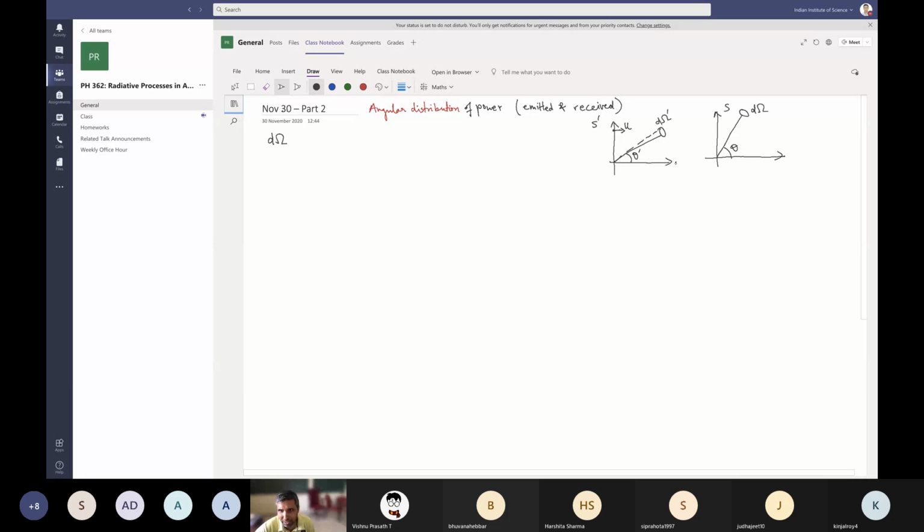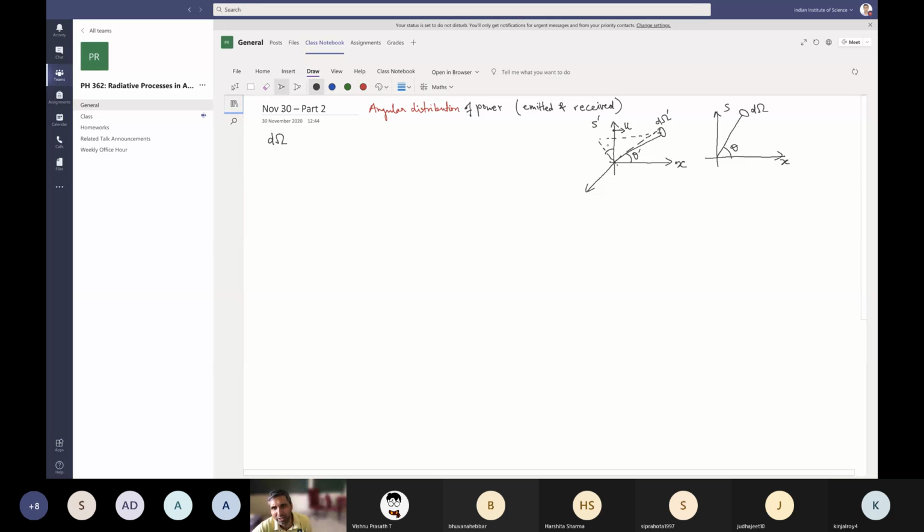So we can take the velocity in the x direction without loss of generality. We can choose our x-axis along the direction of velocity. Then you have the other angle, the azimuthal angle, right? So this is x, y, z.